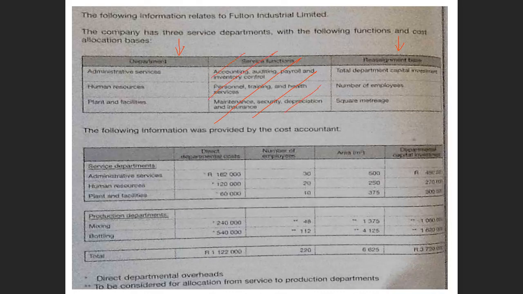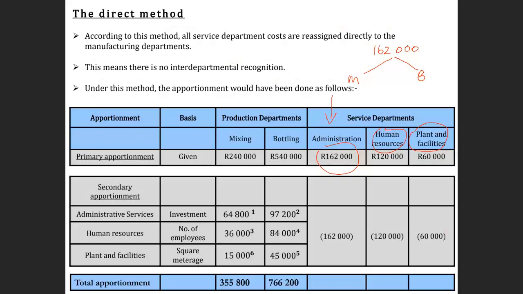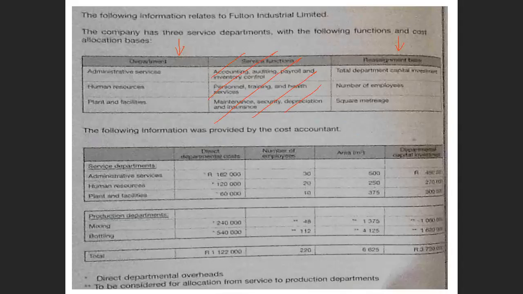So we are starting with, remember again, the admin department. So let's go to admin in the table at the top. And they said to us that when we want to reassign admin services costs, we need to look at the total department capital investment.